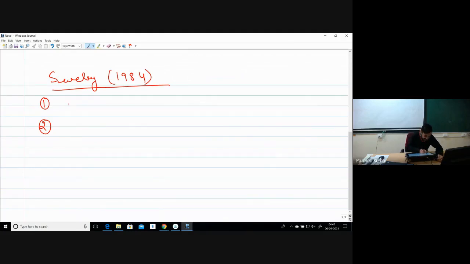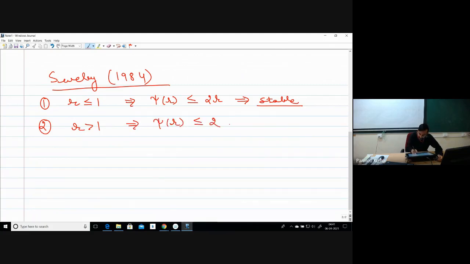The first condition applies when r is less than or equal to 1: psi(r) has to be less than or equal to 2r. This is the limiting value for the function when r is less than 1. When r is greater than 1, psi(r) has to be less than or equal to 2, and only then will your solution be stable.